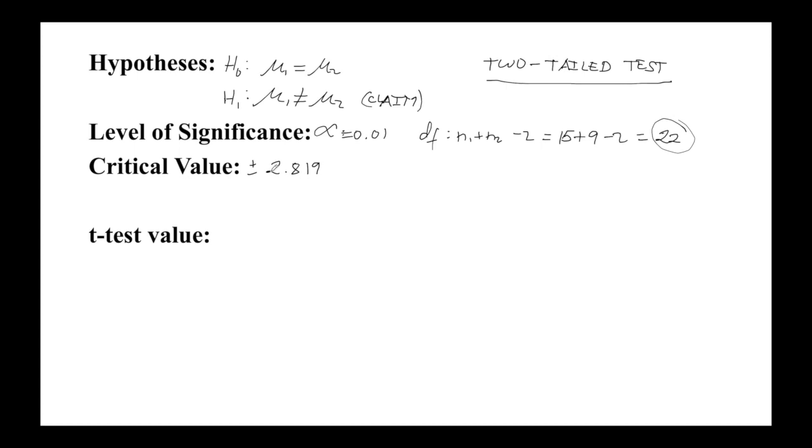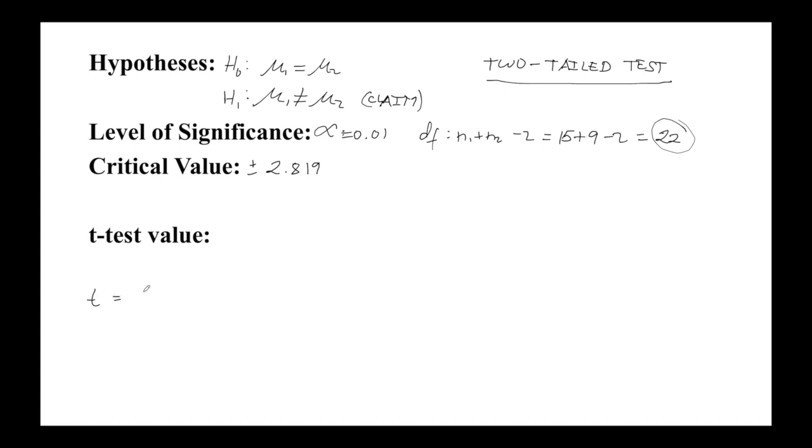On the t-test value, we will use the formula for the variances that is assumed to be equal, because actually there's a separate formula for the variances that is assumed to be unequal. Again, we will use the formula for equal variances, based on our assumptions on our previous slide in the first part of this presentation. So what does that formula look like? Madali lang naman siya.